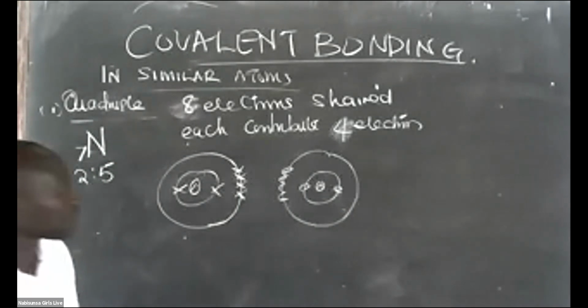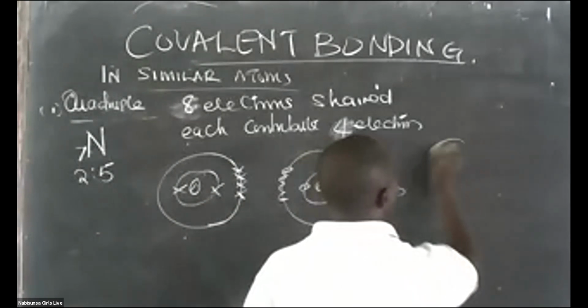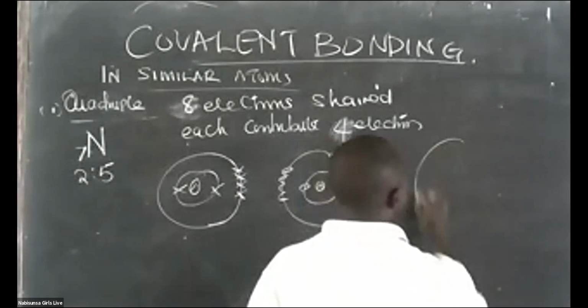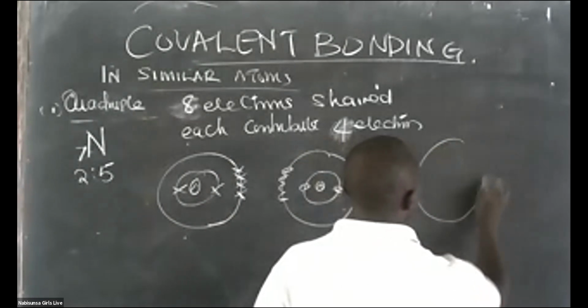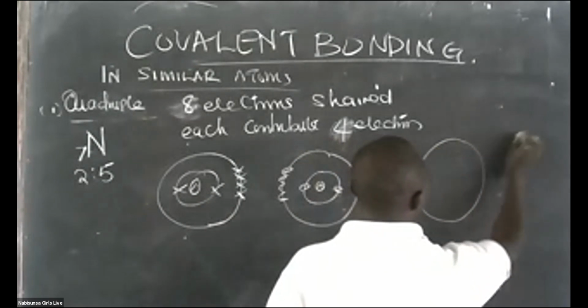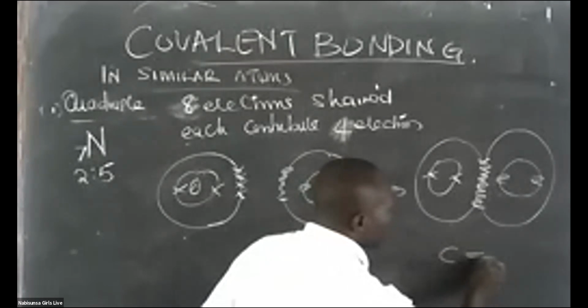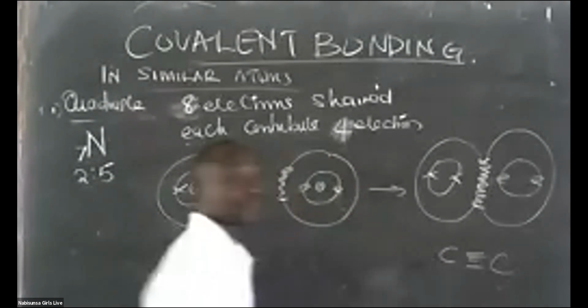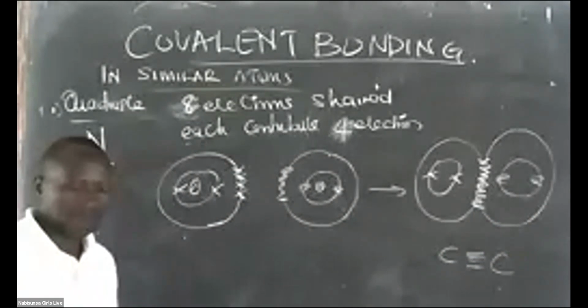Can you predict what we are going to form? How many electrons are shared? 1, 2, 3, 4 from each carbon. A quadruple bond.